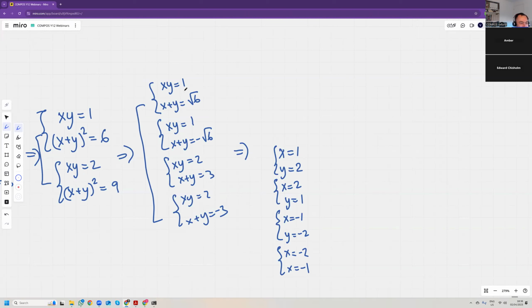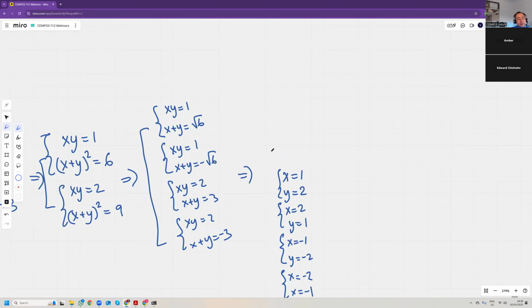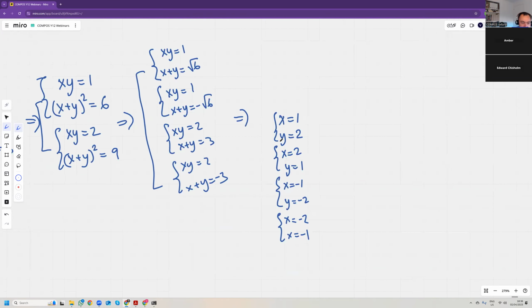So here, they multiply to 1, but they add to root 6. All right, so this is the solution of the last two. So these are the 4 solutions for the last 2.